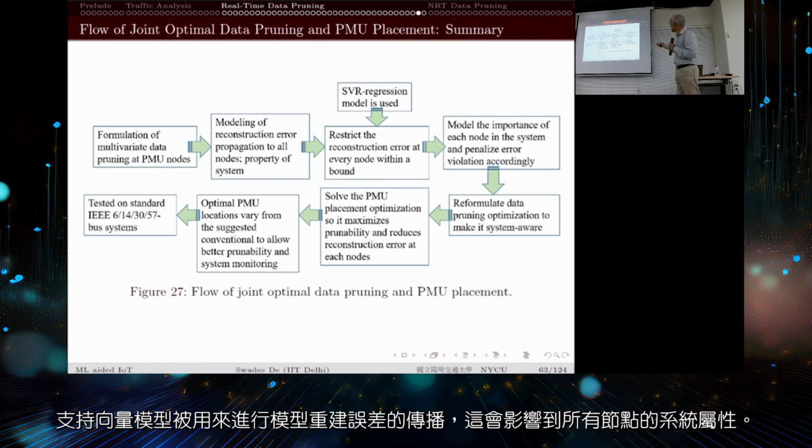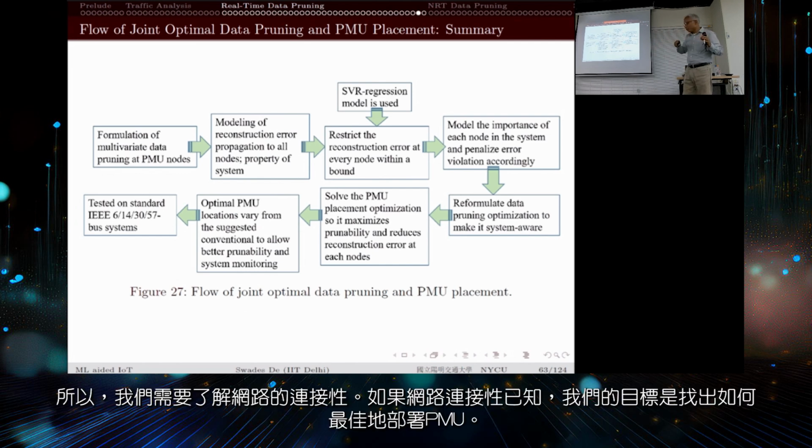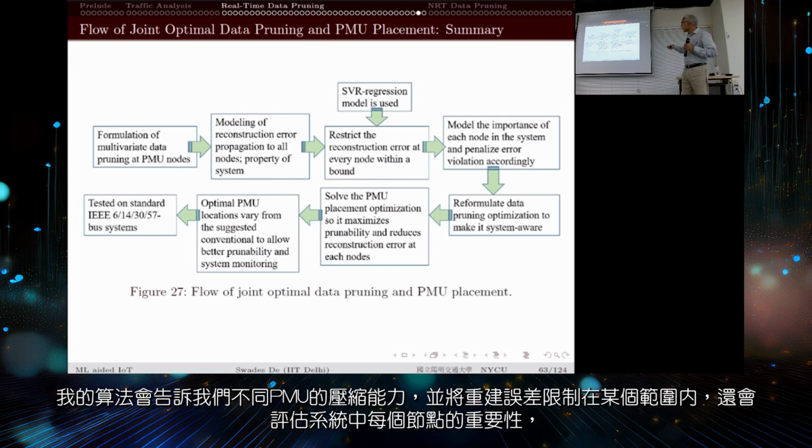So the support vector representation model is used, and the model reconstruction error propagation to all nodes property of the system is captured. If I need to know the network connectivity, and the network connectivity is given to me, my objective is to figure out where to deploy the PMUs optimally, and my algorithm will tell what the compressibility is at different PMUs.